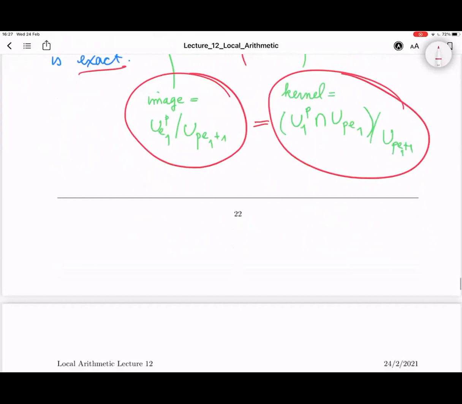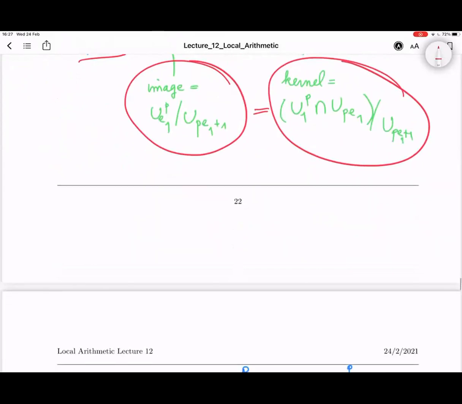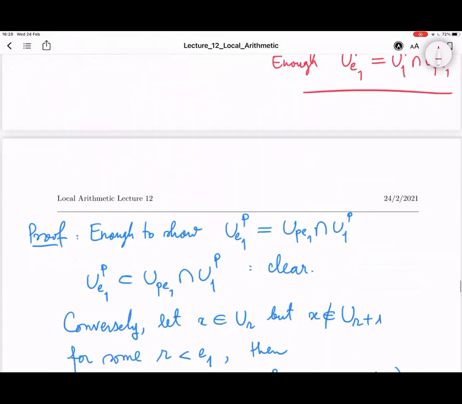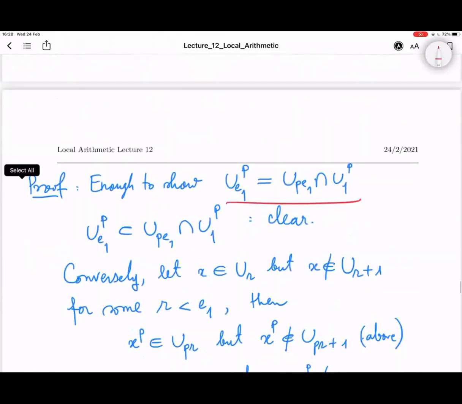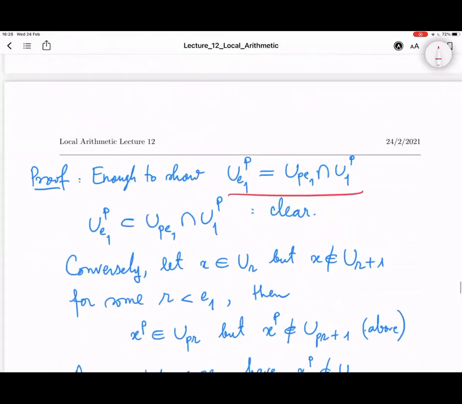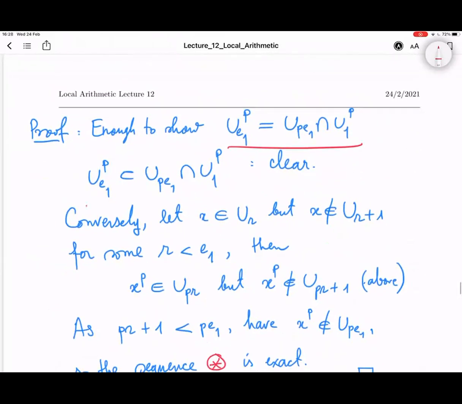Now, in order to show that these two things are equal, it's enough to show that U_{e_1} to the power p is equal to U_1 to the power p intersected with U_{pe_1}. That's enough, and this is what we are going to show. So one of the inclusions is clear.